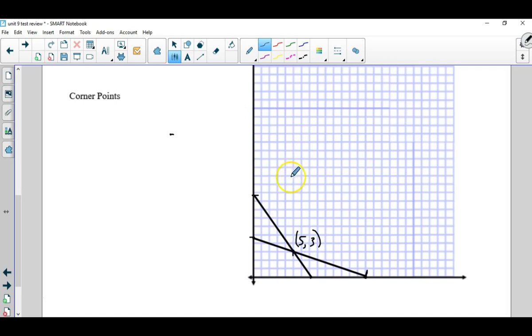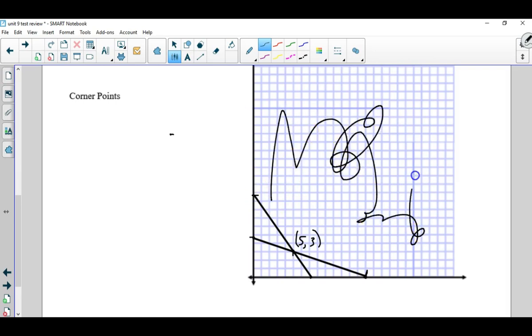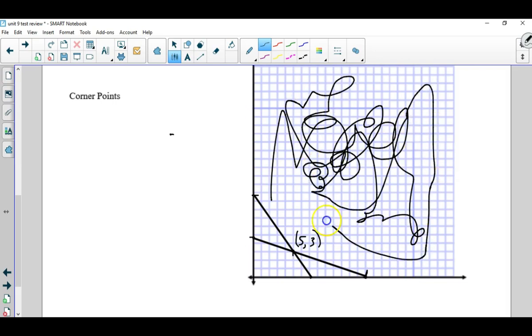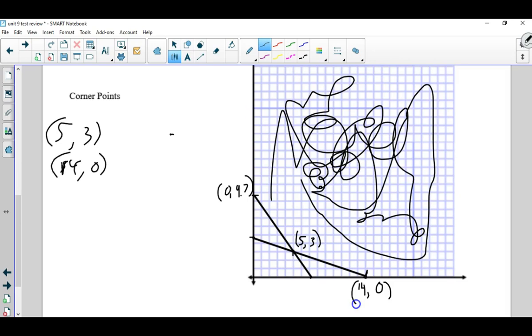Now remember, this is a minimum one, so we're actually shading this whole area, everything above both lines, because you get false statements on both of them. So our corner points are actually going to be this 0, 9.7, and 14, 0. So now we're going to crunch the numbers. So we got 5, 3, 14, 0. That's a 1, not a 5.